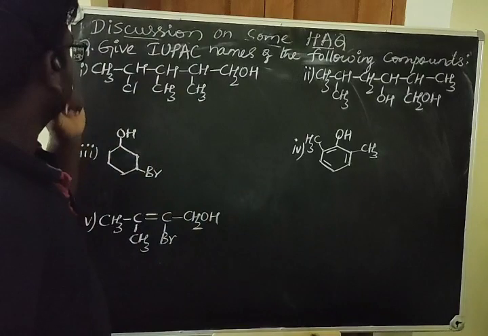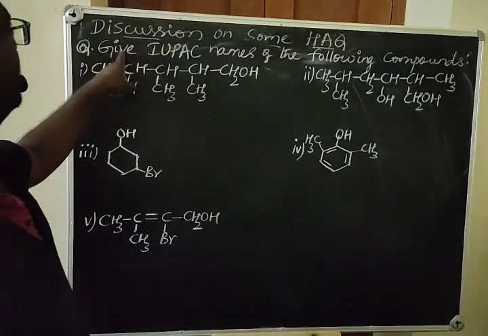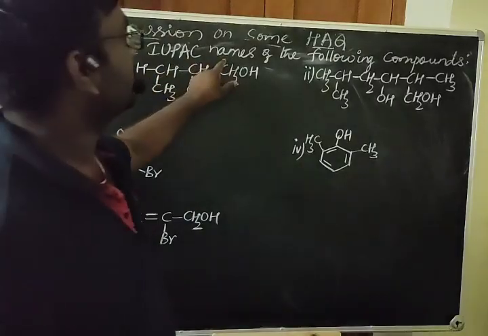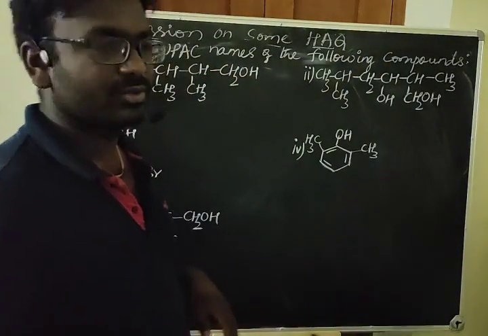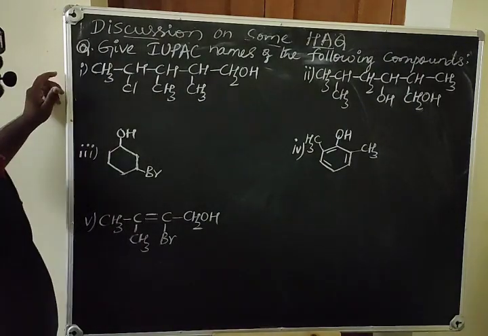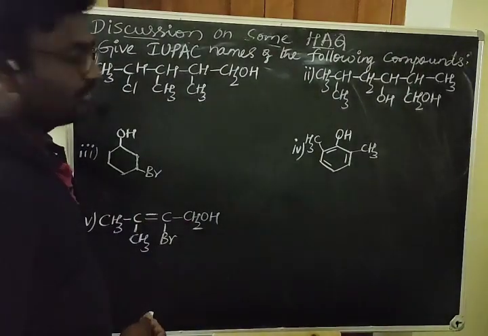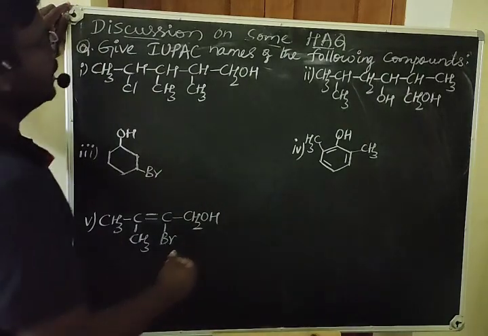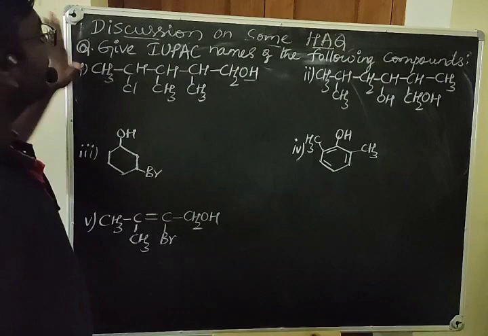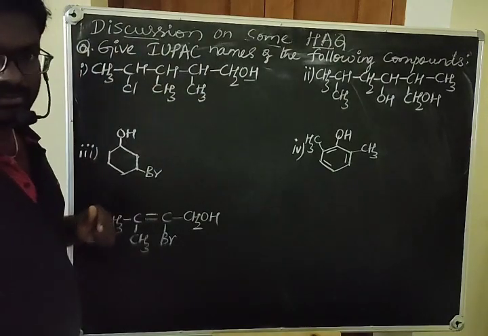Now we shall consider this question: give IUPAC names of the following compounds. For the first compound, we have to identify the major functional group, and there are no other functional groups.